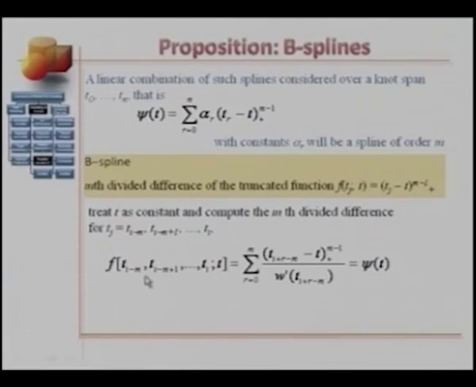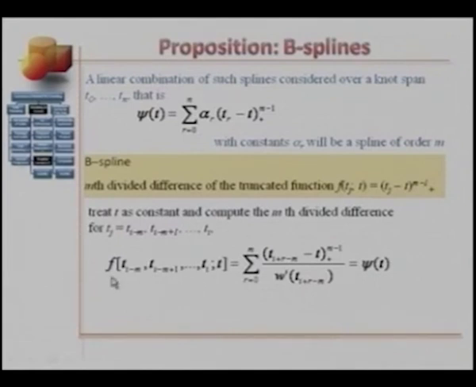Let's look at this expression on the left hand side. All I have done is I have replaced s's by t's. How many knots do you think we are using? We are using m plus 1 knots, or we are using m knot spans here.